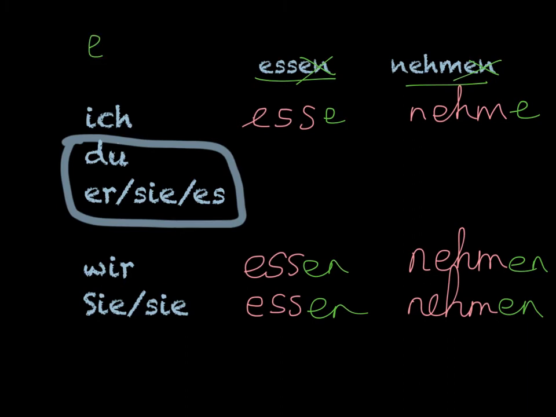Now remember, the stem change that's going to happen is the E is going to become an I. Looks a little bit funny in front of essen, so we become iss. And on nehmen, actually, something else happens as well. It becomes nimm. Okay, so the H becomes an M, and nimm.